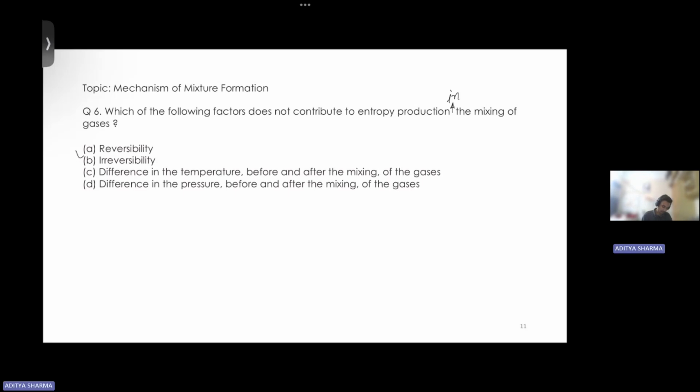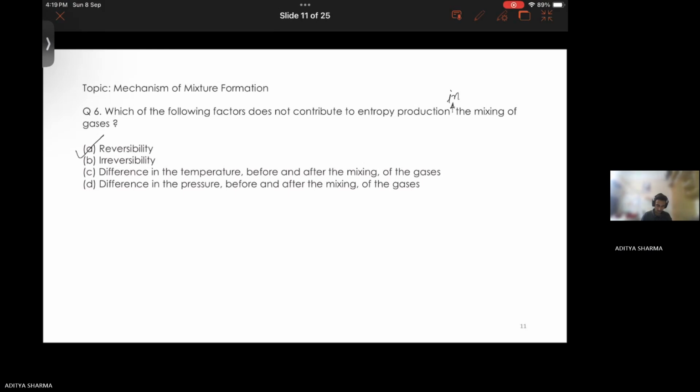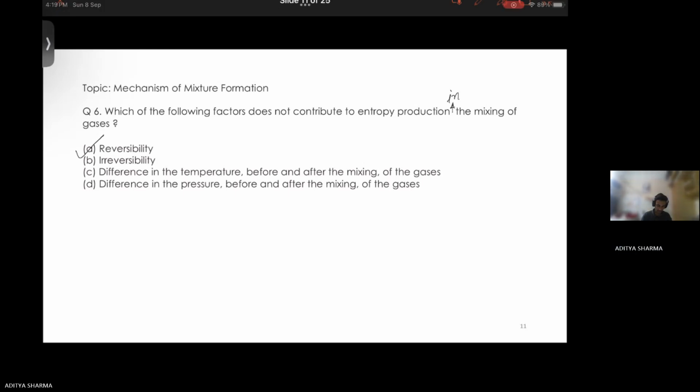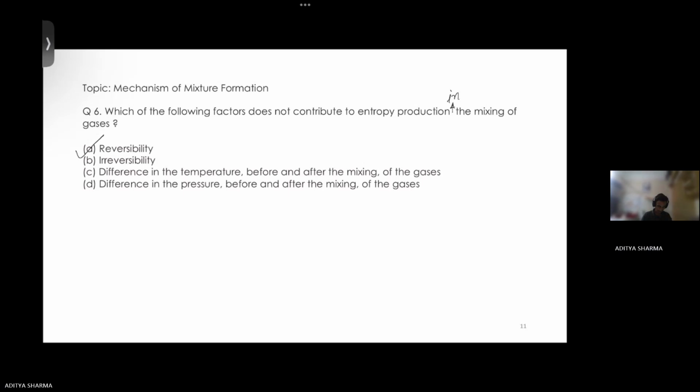So in that case, option A is the one which is not a correct explanation for entropy production in case of mixing of gases. Okay, so A is the correct option.